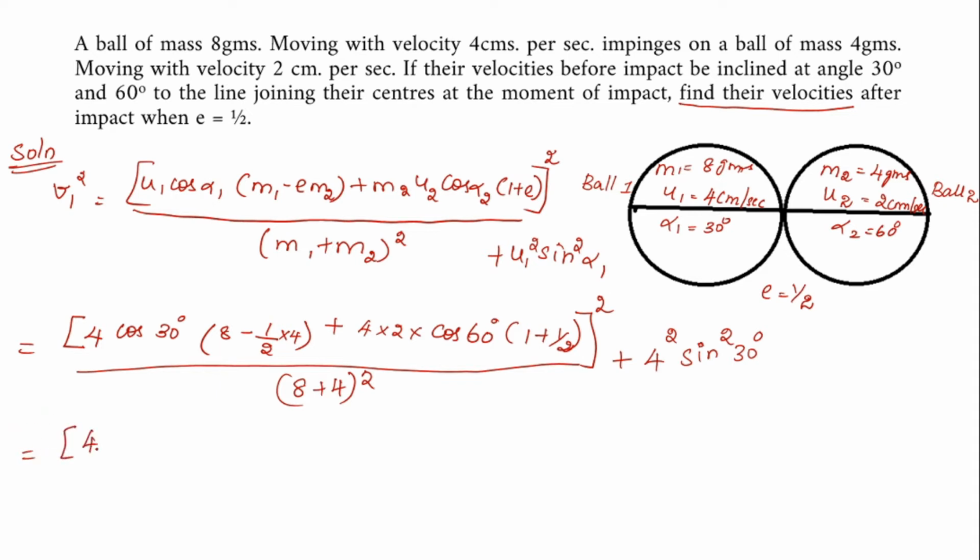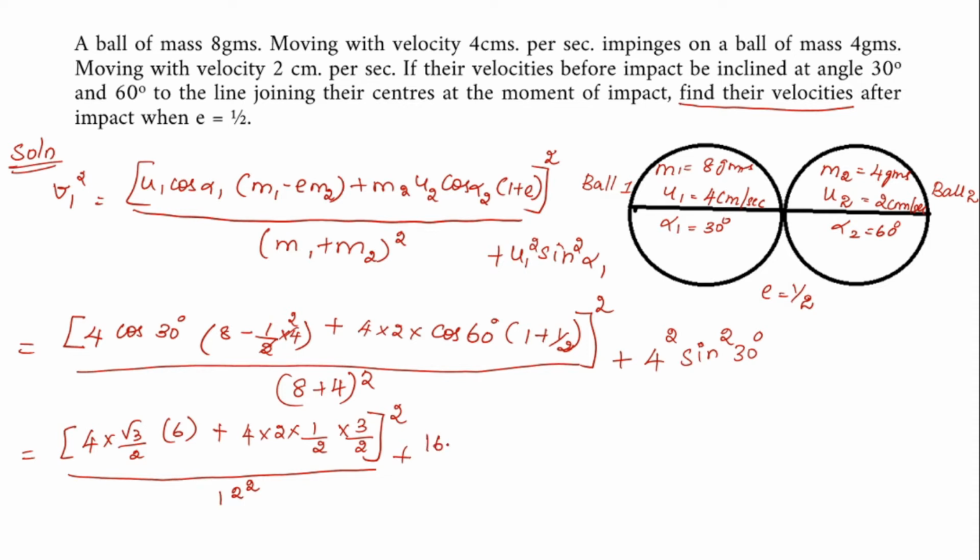So it will be 4 into cos 30 degrees, root 3 by 2, and 8 minus 4 by 2. 4 by 2 will be 2, 8 minus 2 is 6, plus 4 into 2 into cos 60, which is 1 by 2, and 1 plus 1 by 2 is 3 by 2, the whole square, divided by 8 plus 4 is 12, so it is 12 square, plus 4 square is 16 into sine 30, which is 1 by 2, the whole square.